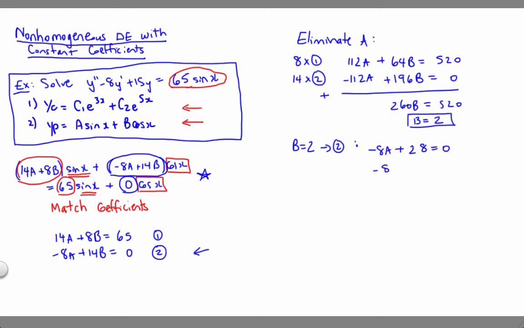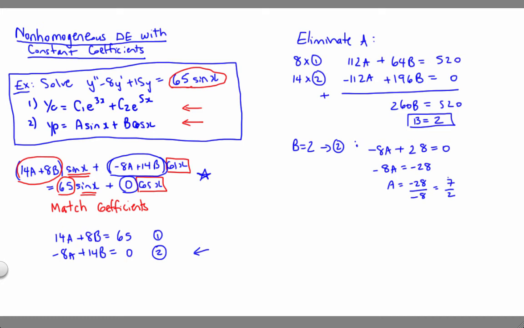That tells us negative 8a is equal to negative 28. So a is equal to negative 28 over negative 8. Or if we divide top and bottom here by negative 4, 7 over 2 would be a nicer way of expressing a.